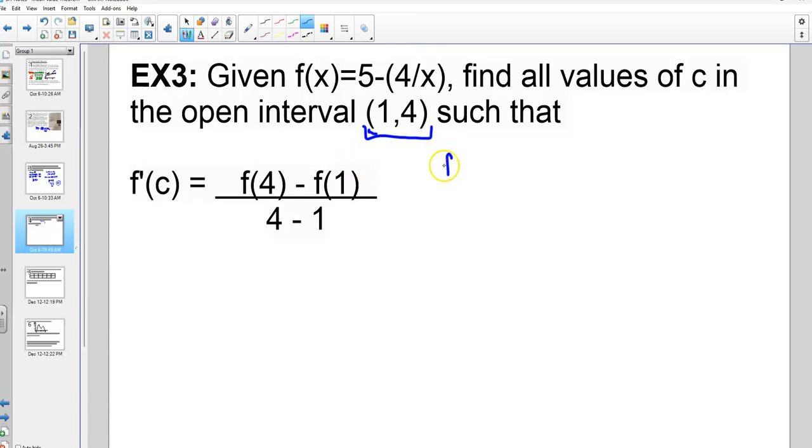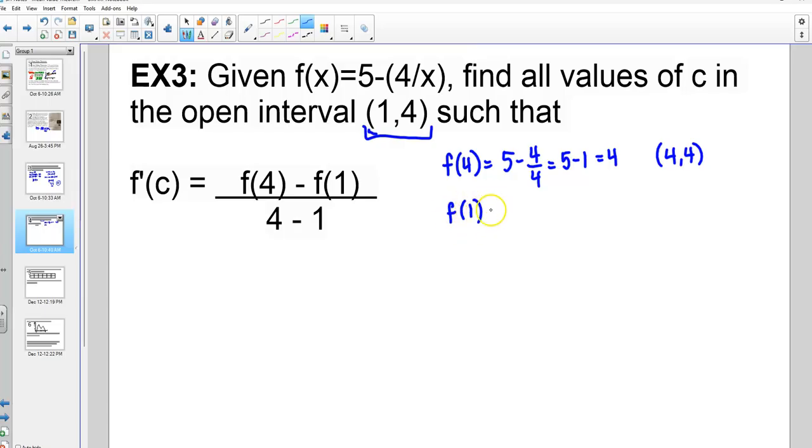So I just need to do like I did on the last problem. I need to find f of 4, which would be 5 minus 4 over 4. So it'll be 5 minus 1, which will give me 4. So I've got the point 4, 4. And then f of 1.